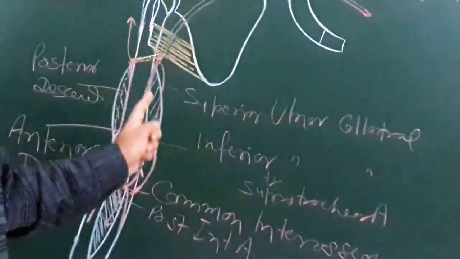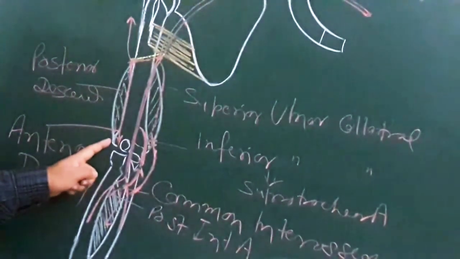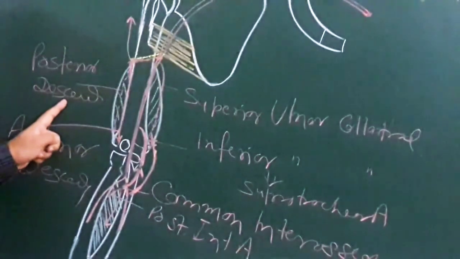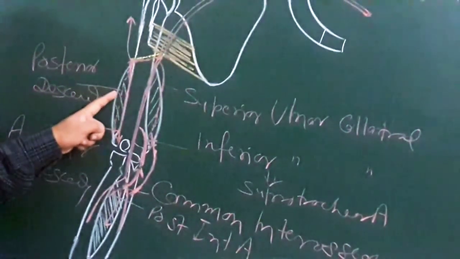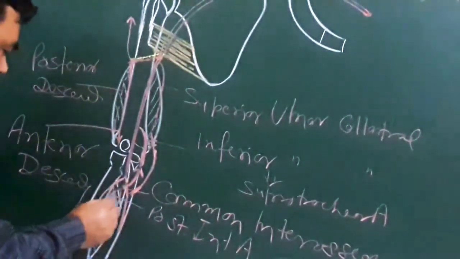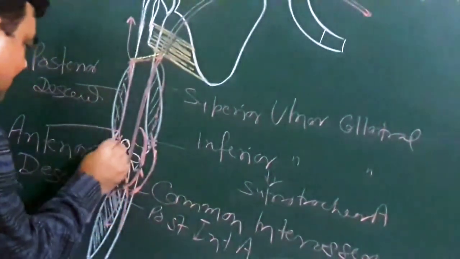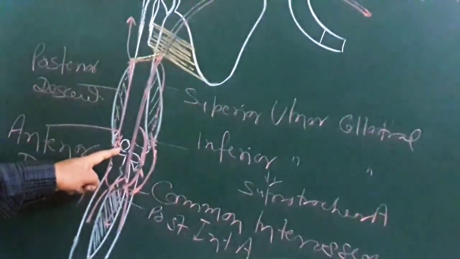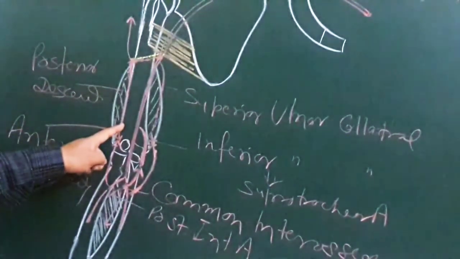This is the anastomosis towards the medial side, and now towards the radial, lateral side. Here is the posterior descending artery and the anterior descending artery. The radial artery gives a branch, the radial recurrent branch, which anastomoses with the anterior descending branch of the profunda brachii.